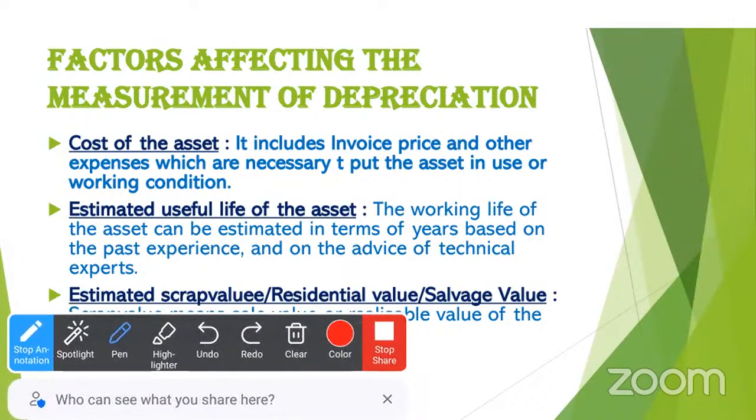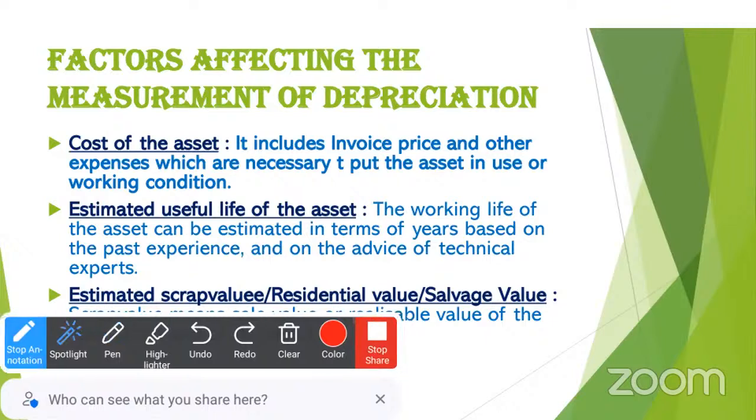For example, if we purchase any asset, then it needs installation charges, like that. Any old one, if we buy, we have to pay some erection charges, some repairs, like that. The cost of the asset will be changed.